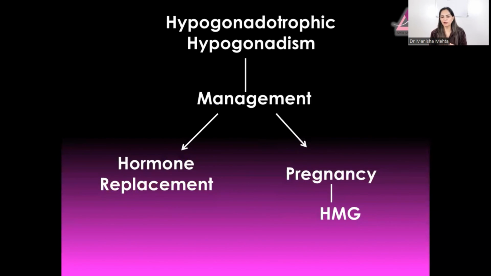We have to give her HMG, because what she doesn't have is hormones. You don't give only FSH. Here she requires HMG. Usually the dose is up to 225 or 300.